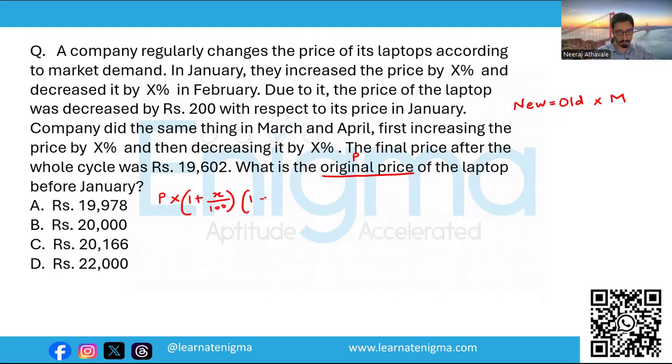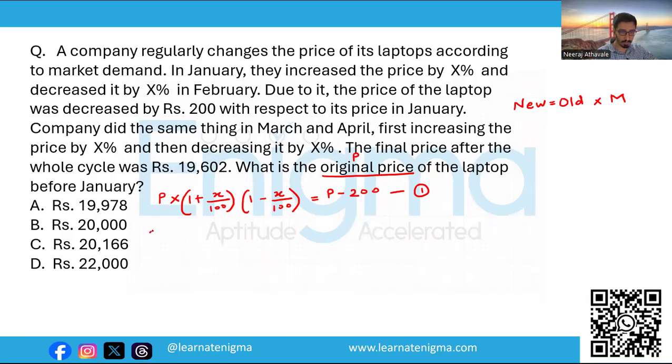In February, it was decreased by X%, so 1 minus X by 100. And due to this, the price was decreased by 200. So we get this equation. This is equation 1. So this is the price after February.